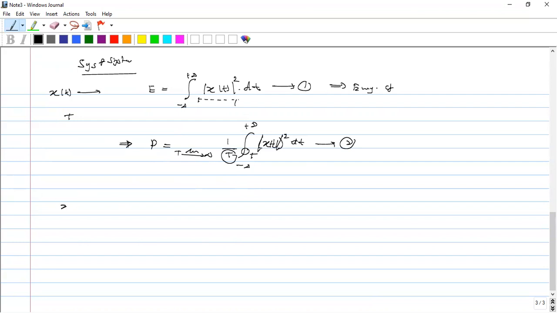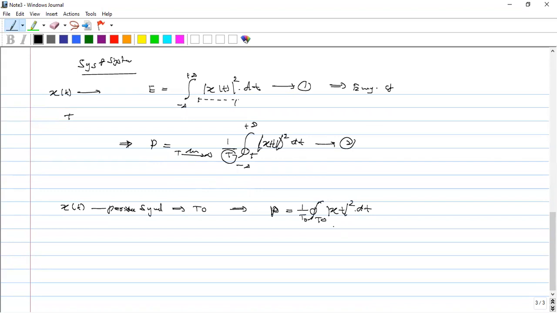If this x(t) is a periodic signal and the period is T0, we can prove that the power content of the signal is equal to 1 by T0, the integral over one period T0, of x(t) squared dt. So this is for a periodic signal.